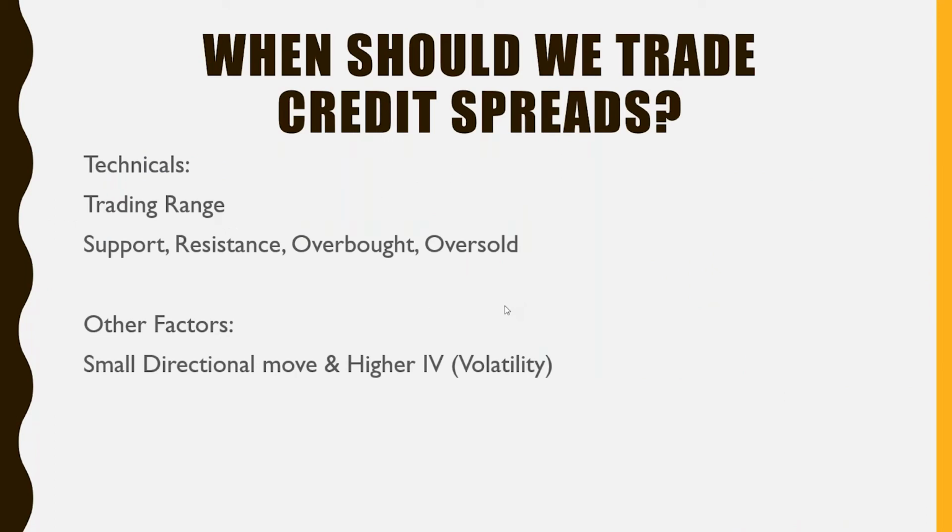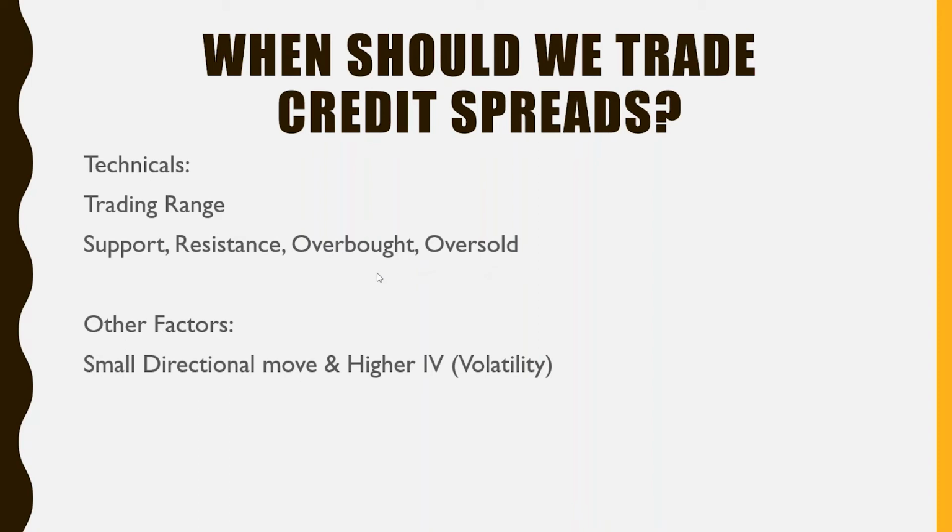And so the question is, when should we trade the credit spread? A couple of things here. First is the technicals. If we have a stock that is trading in a trading range, with support and resistance, overbought, oversold.